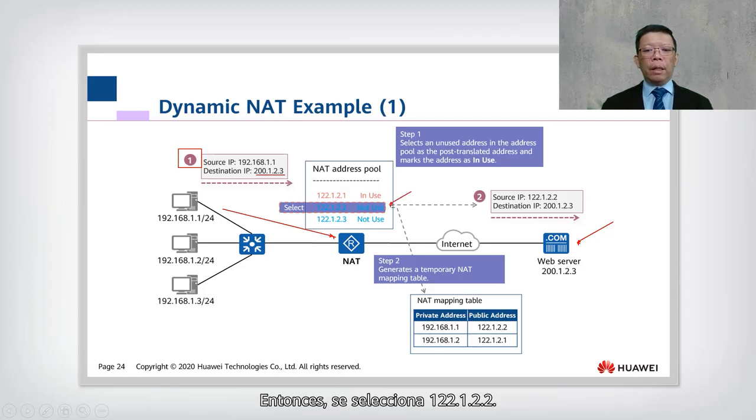So in here, 122.1.2.2 is being selected. That is step number 2. And since it selects 122.1.2.2, the source is being translated. The destination will remain the same, and it will reach the destination.